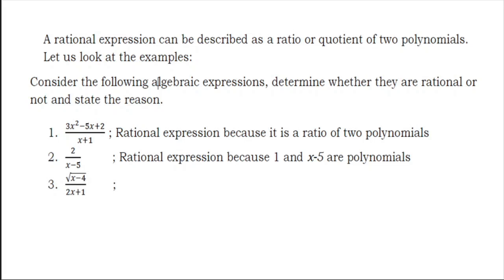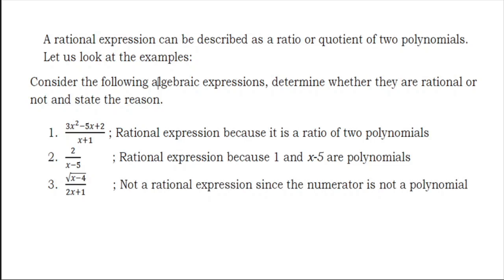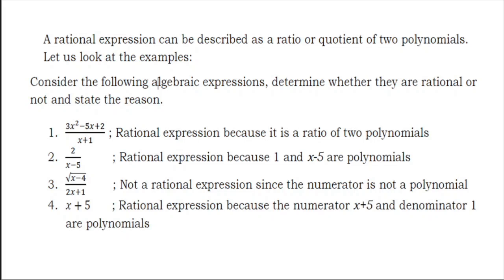Another, square root of x minus 4 over 2x plus 1. It's not a rational expression since the numerator is not a polynomial. Then x plus 5 is a rational expression because the numerator is x plus 5 and the denominator is 1. In this case, 1 is also a polynomial.